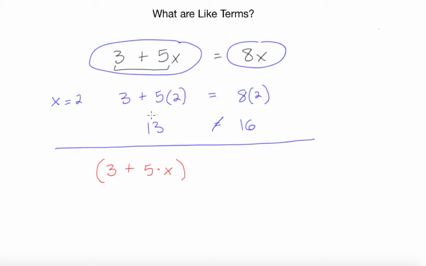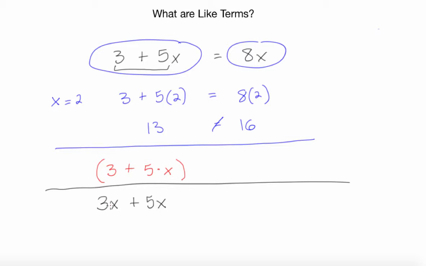So let's contrast that with one that we can add together. What if I have 3x plus 5x? Well, why can we add these together? It helps to think about that they both have this factor of x in common.